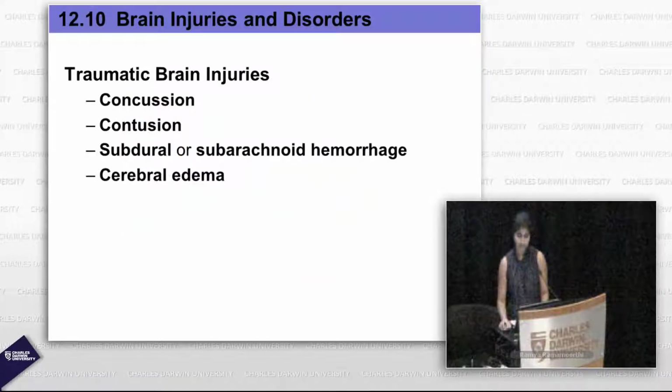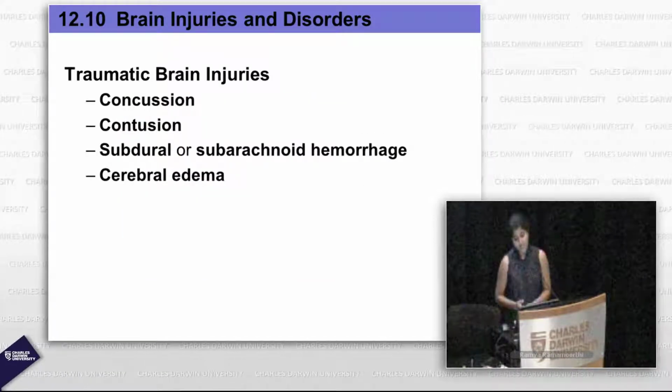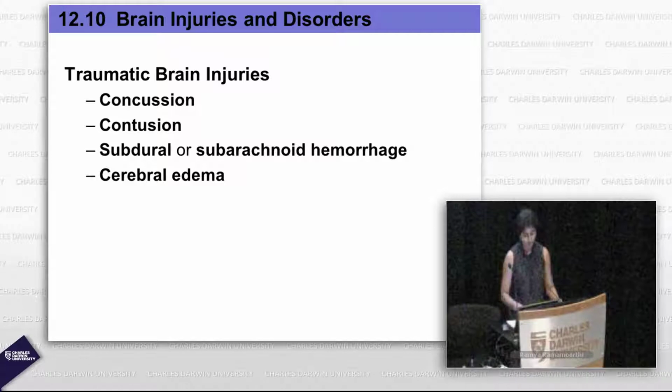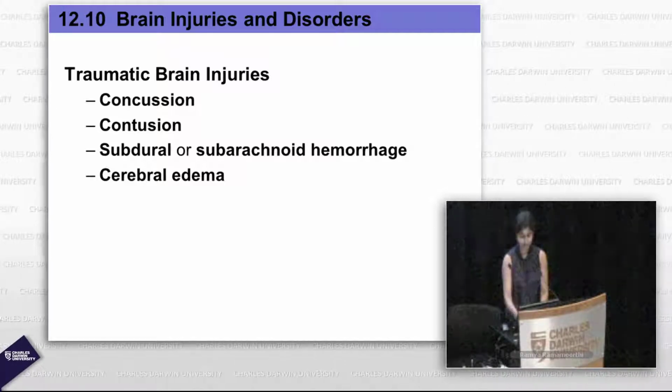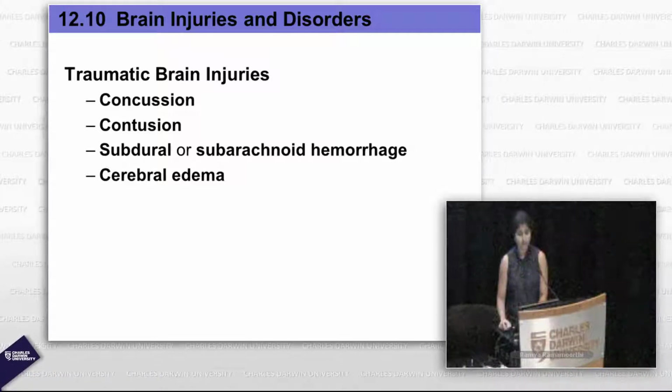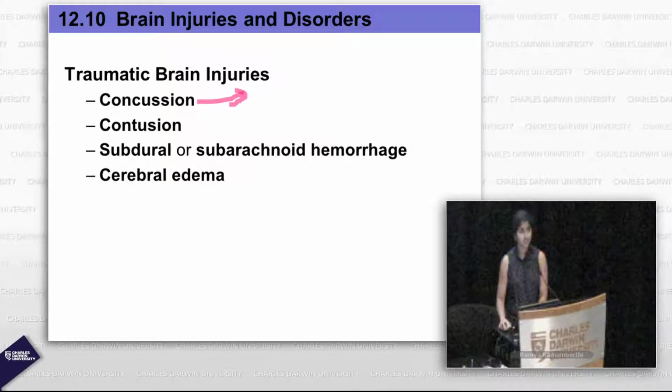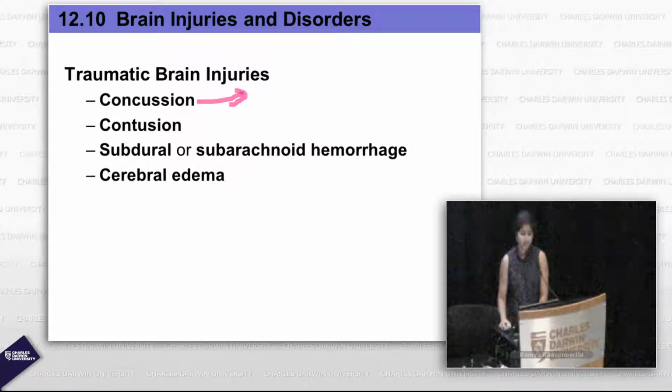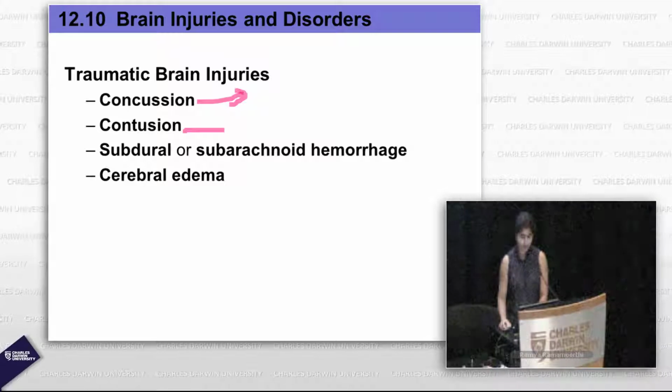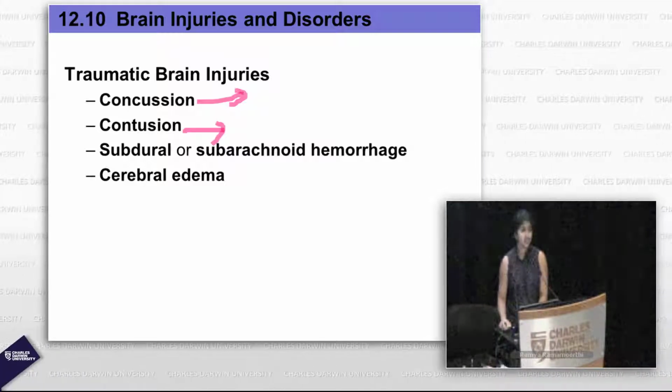So, brain injuries and disorders. Concussion is just a temporary alteration in brain function. Okay, and you get a little blow. Contusion is a little bit more severe because there is permanent damage there. Okay. Next is your subdural or subarachnoid hemorrhage.